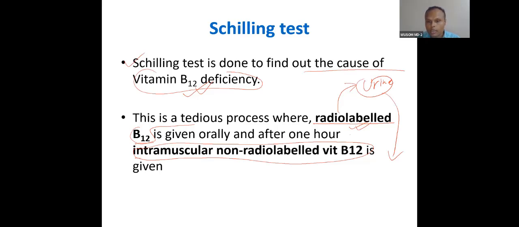You take the urine and measure the radioactivity. If the quantity of radioactive vitamin B12 is high in urine, you will understand that it is absorbed. Because it is absorbed, that is why it appeared in urine. Otherwise, if it is not absorbed, it would not appear in urine, and urine will not have a high amount of radioactive vitamin B12.